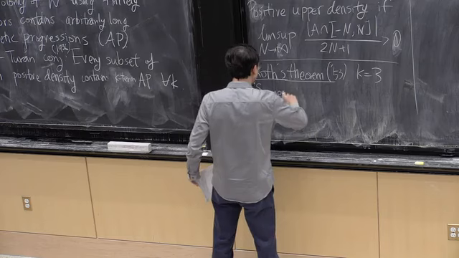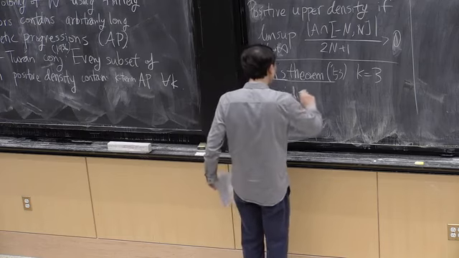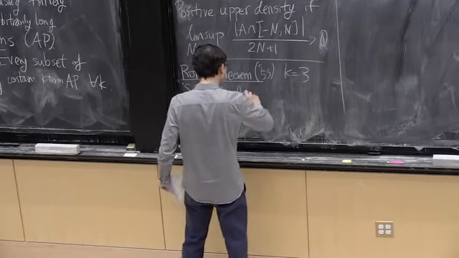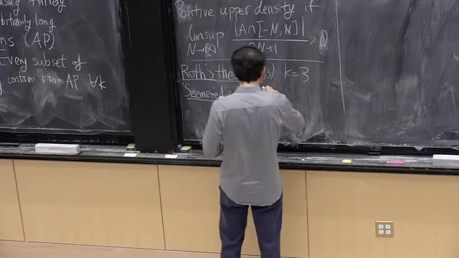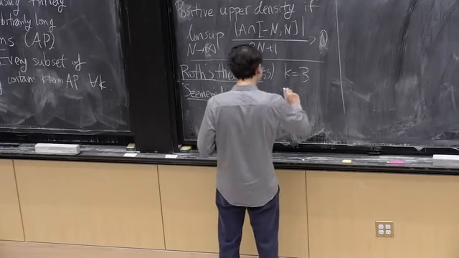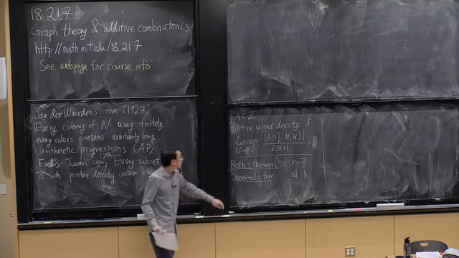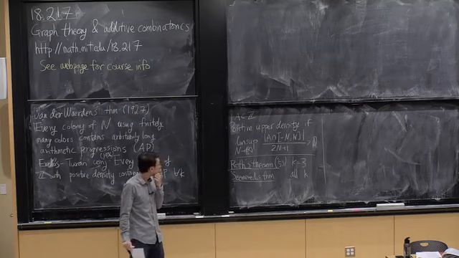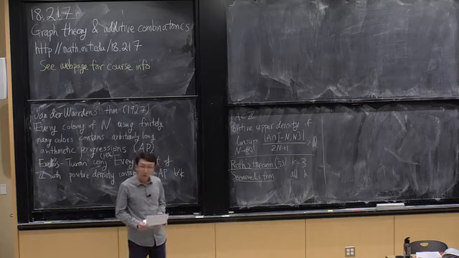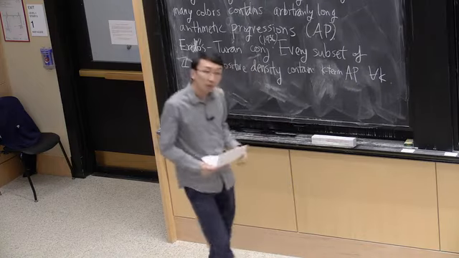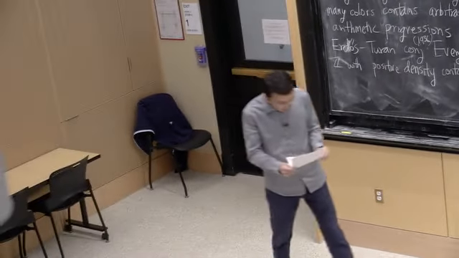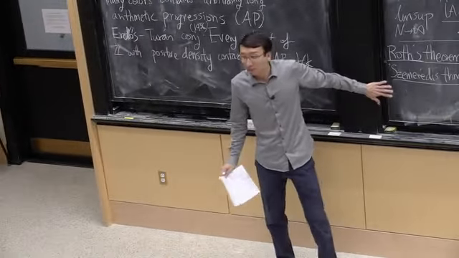The full conjecture was settled by Szemerédi. It took another couple of decades. In the late 70s, Szemerédi proved his landmark theorem that confirmed the Erdős-Turán conjecture. Szemerédi's theorem is a deep theorem.